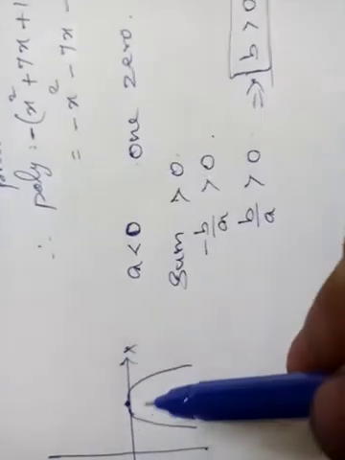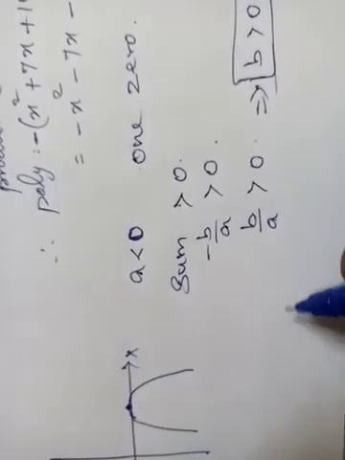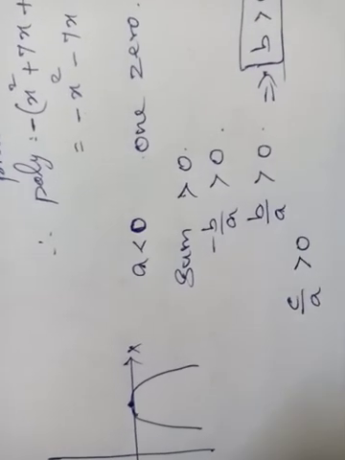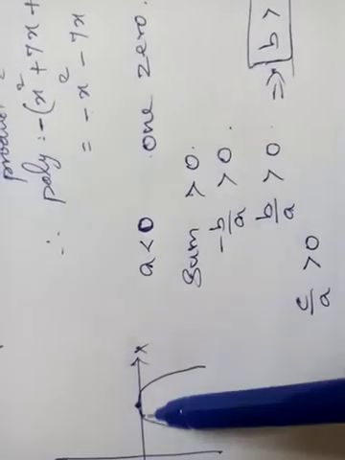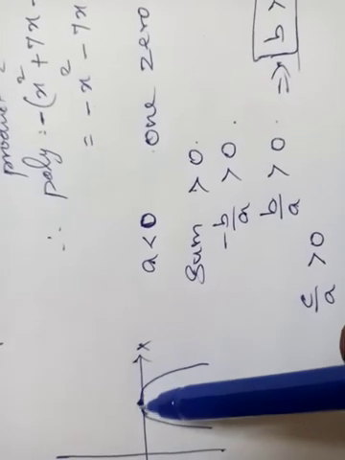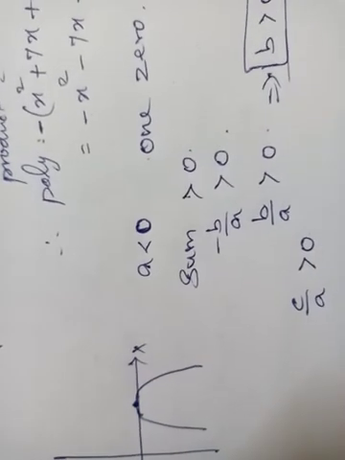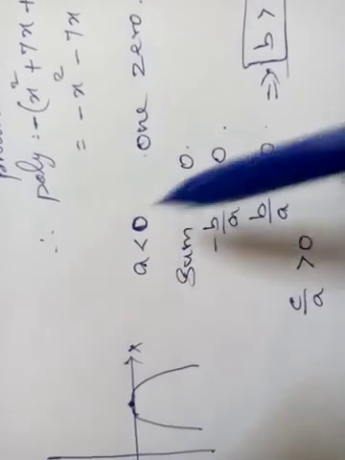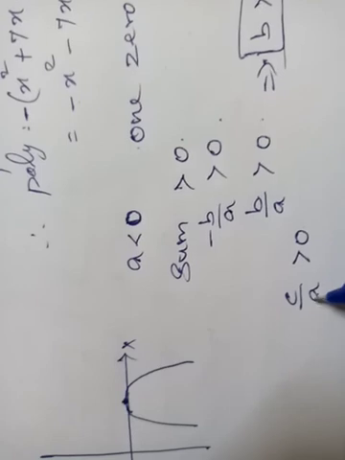Okay. The next one, product of the zeros is c by a, correct? c by a is also greater than 0. How do you say that? Both are positive numbers. If you multiply these two, definitely we will get greater than 0, right? Here a is less than 0, so the denominator is negative.